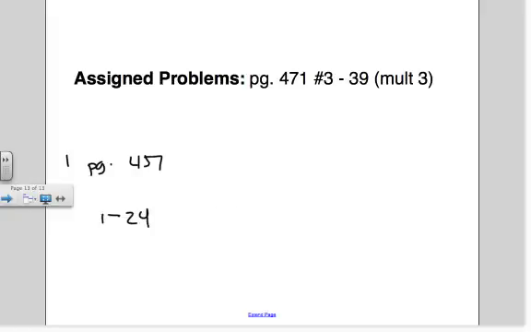Okay, numbers 1 through 24, all. You can't do numbers 25 and 26, or 27 or 28. So that should be it.